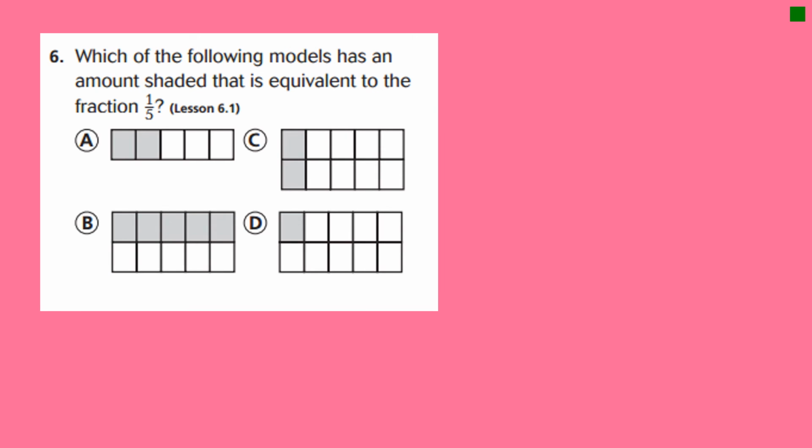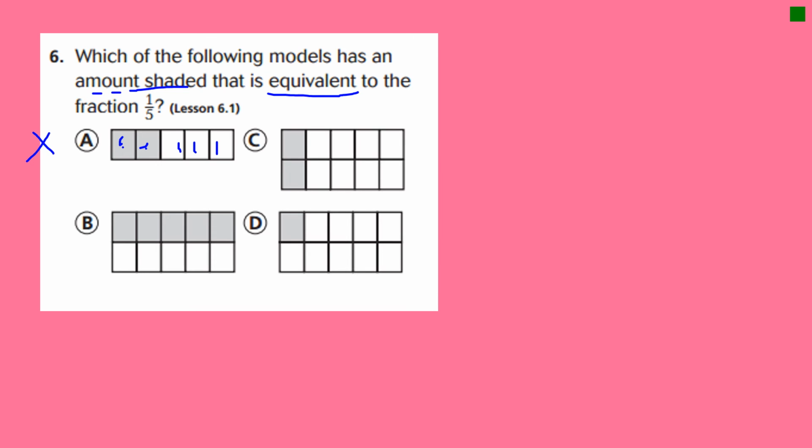All right, now down to the review. It says, which of the following models has an amount shaded that is equivalent to the fraction 1/5? So which model has an amount shaded that's equivalent to 1/5? Well, let's take a look at them. Let's look at A. So we have 2 shaded, so out of 1, 2, 3, 4, 5. So A is 2/5.